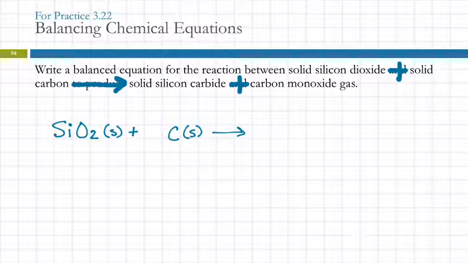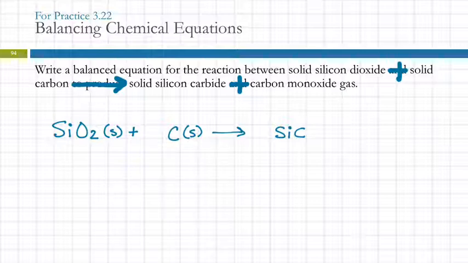And we've got solid silicon carbide. Well, that one might be a little tricky. It says silicon carbide, and we're treating them both as nonmetals, but there aren't any prefixes. What's the one prefix that we sometimes just leave out? 1, right? So this is SiC. I would not expect you to get that, but I used to be able to ask Siri what the formula for silicon carbide was, and she'd tell me it was SiC.